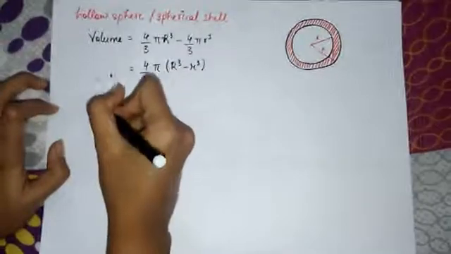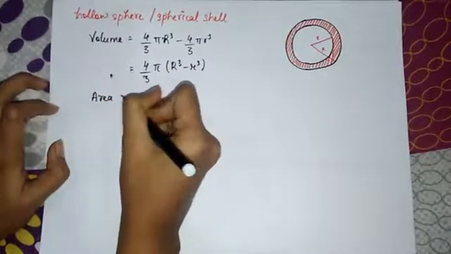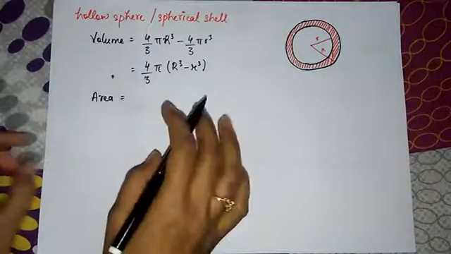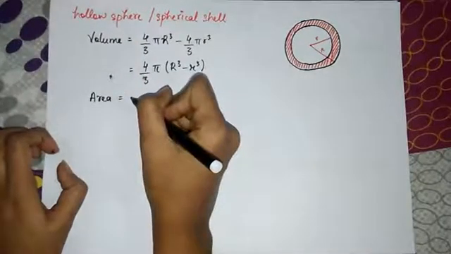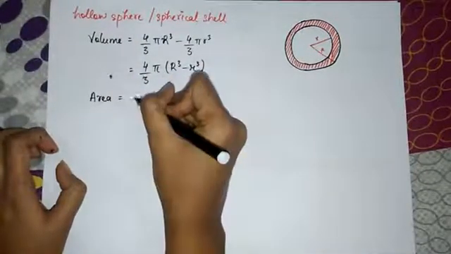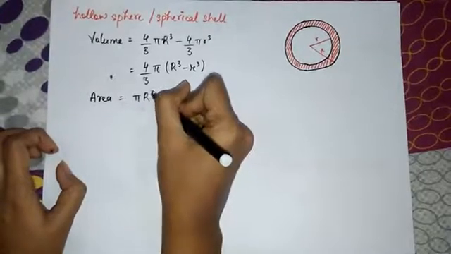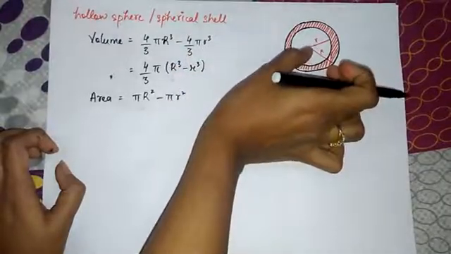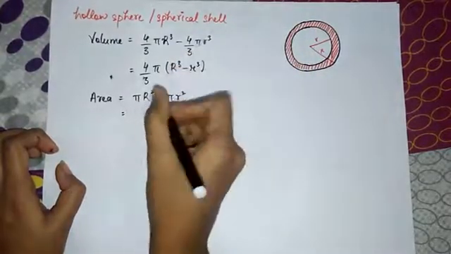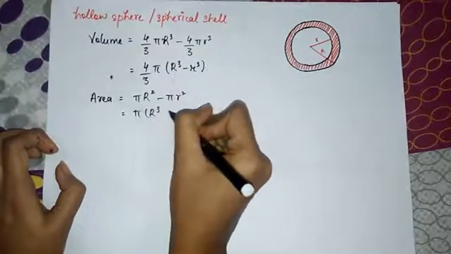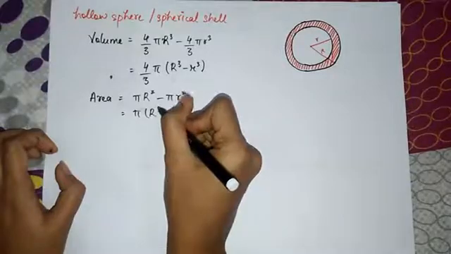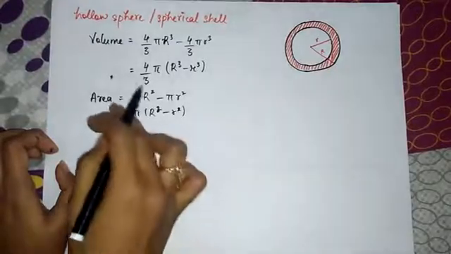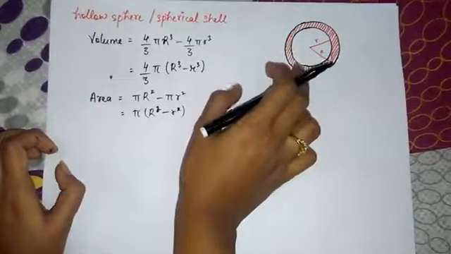Now if it will ask you for area, in that case what you have to do is you have to apply the formula for area of a circle, which is pi r square. Same way as here, from the outer circle we'll subtract inner circle, so pi common, and this is square. So this is your formula for area of this thickness.